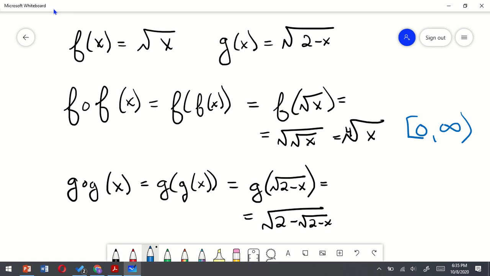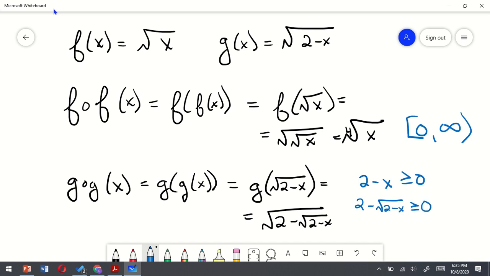We can. So looking at where the x is, this expression is going to be defined whenever 2 minus x is not negative, right? Because of this first square root here, the smaller one. But also, the 2 minus the square root of 2 minus x has to be not negative.